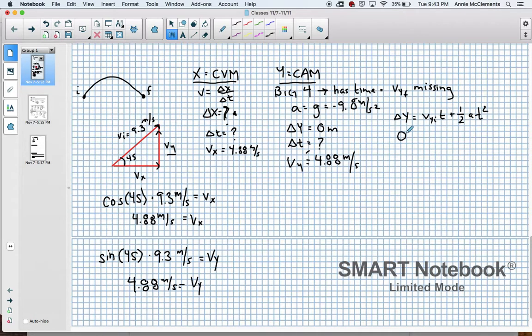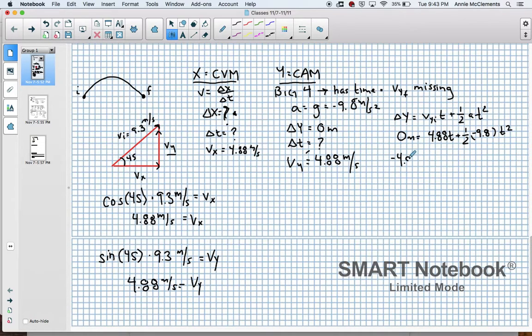So I've got 0 meters equals 4.88t. I'm going to leave out units because I think I'm going to run out of space, but you should put them in your calculations. Plus 1/2 times negative 9.8. Throw some parentheses in there for some clarity. Time squared. Okay. I'm going to subtract 4.88t from both sides.